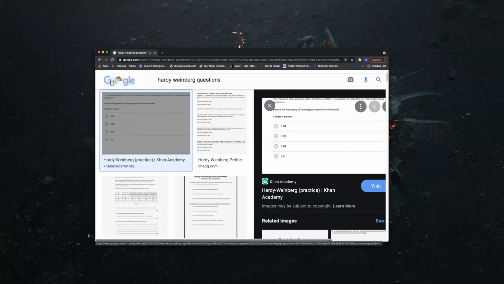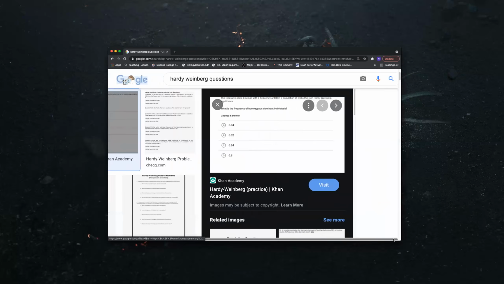All right, the recessive allele B occurs with a frequency of 0.8 in a population of crabs that is in Hardy-Weinberg equilibrium. What is the frequency of the homozygous dominant individuals? Okay, so how do you think you'll do this? Well, we have a frequency of 0.8, right? So you would have to use the equation P plus Q equals 1.